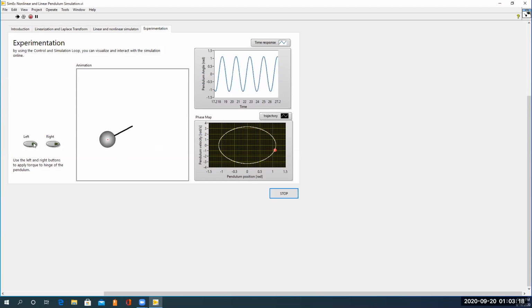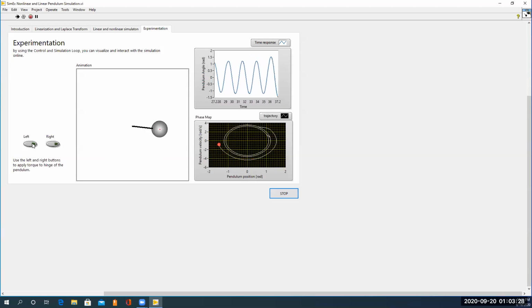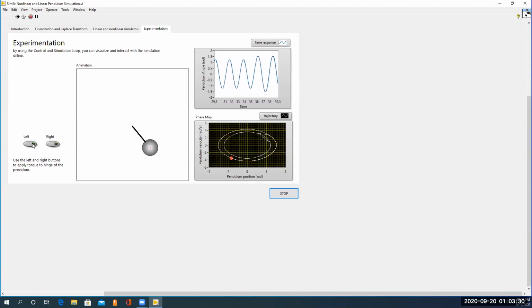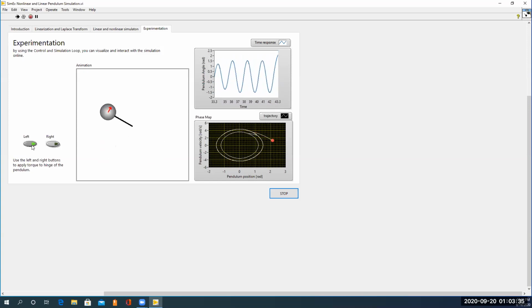To the hinge here, you go left, you see the degree of the angle increases. If I apply a left torque, the degree increases.